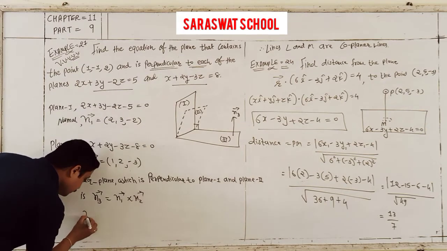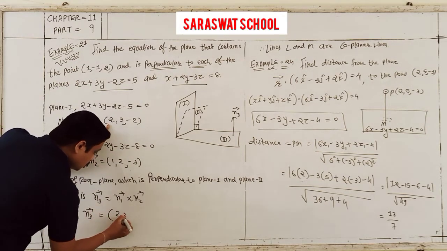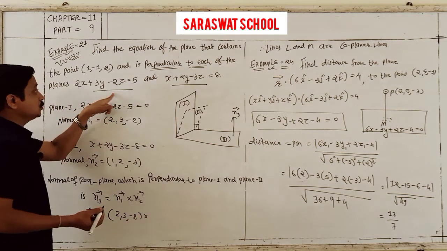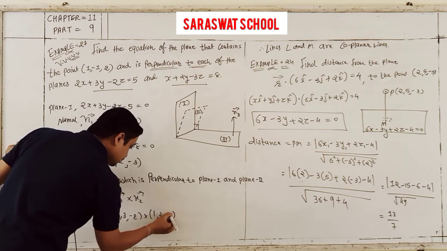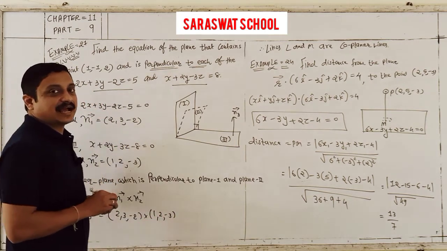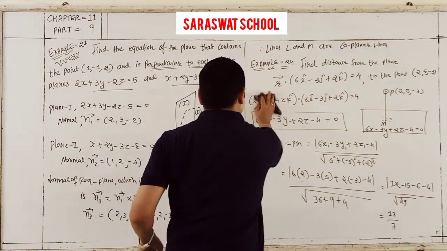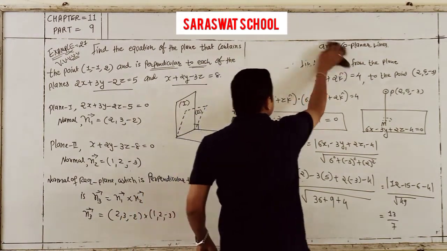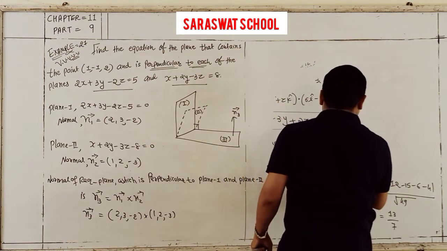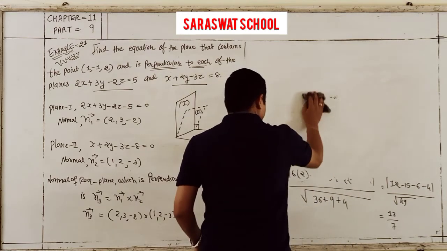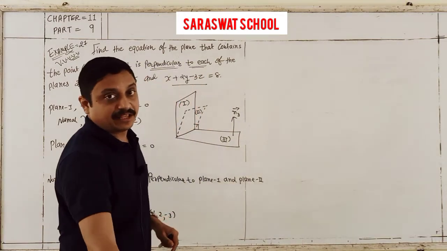So n3: the normal of the first plane is 2, 3, minus 2, and the second is similarly 1, 2, minus 3, and then I easily derive it with the i, j, k determinant calculation. So you easily get the direction of the third plane, I mean the n3 plane.